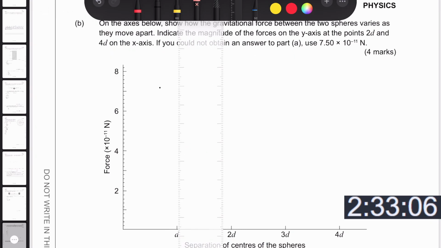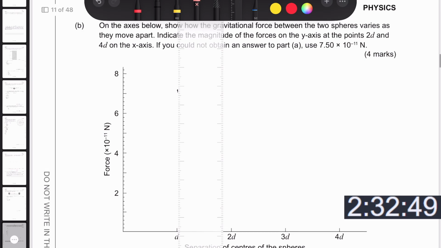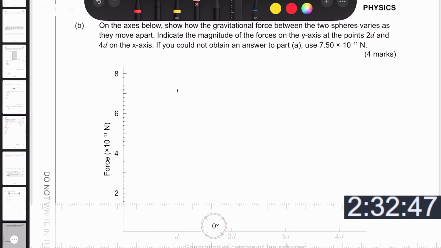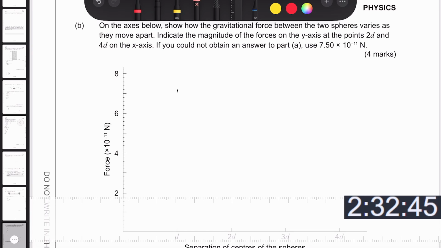Line this up well. So around there. So then as the radius becomes twice as big, I'm going to get a quarter, so I need to divide this by 4. 7.24 divided by 4 is going to be 1.81. So let's see, 1.8, let's put about there.